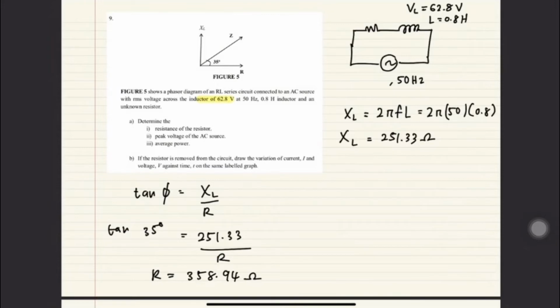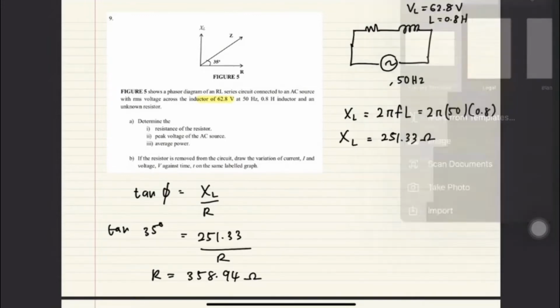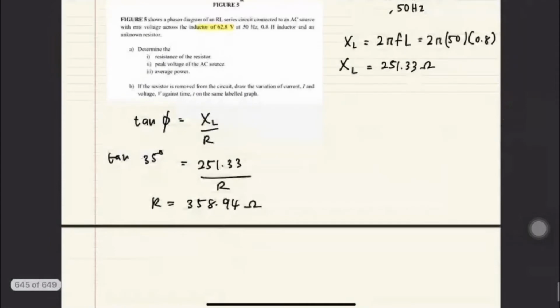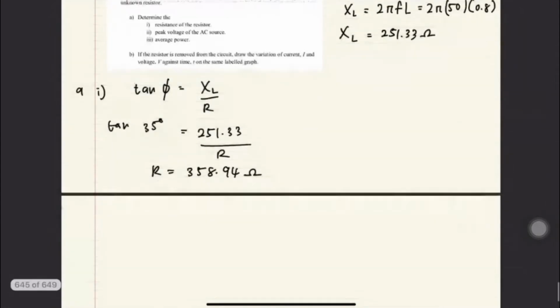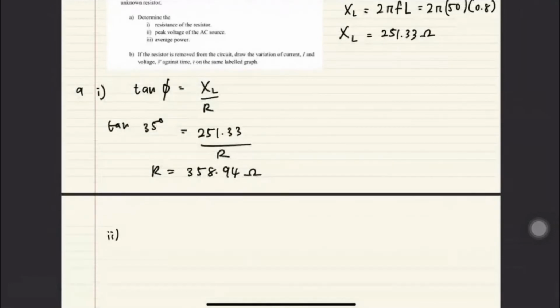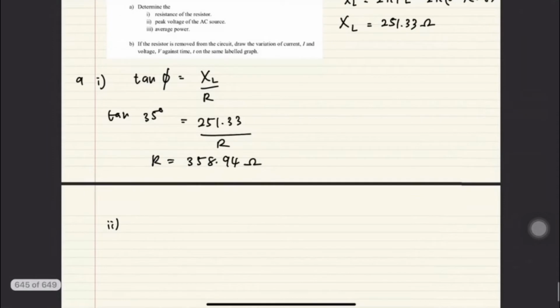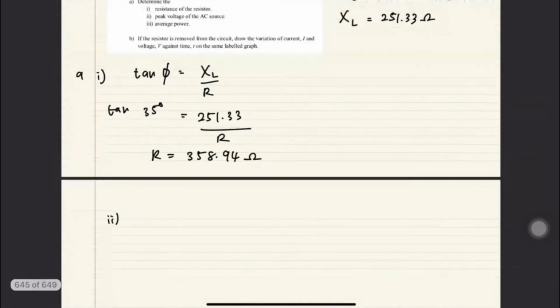Okay, the next question says determine the peak voltage of the AC source. So to determine the peak voltage of the AC source, this is A1, A2. One way of doing it, maybe there is an easier way that I can't think of for now.